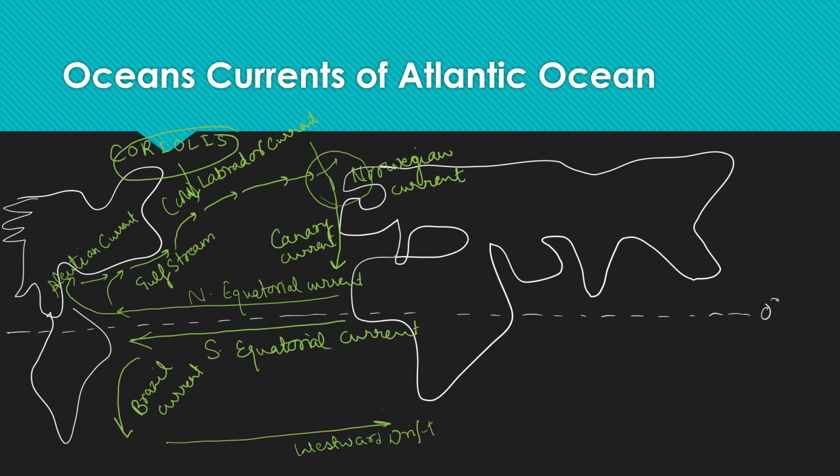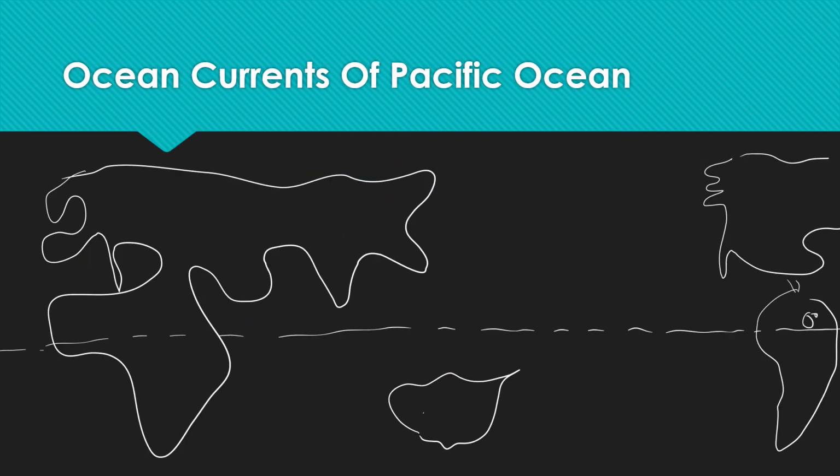And then coming back to the circulation, this is the Venezuela current. This is the circulation of the Atlantic Ocean. So this is how the ocean current flows in the Atlantic Ocean.